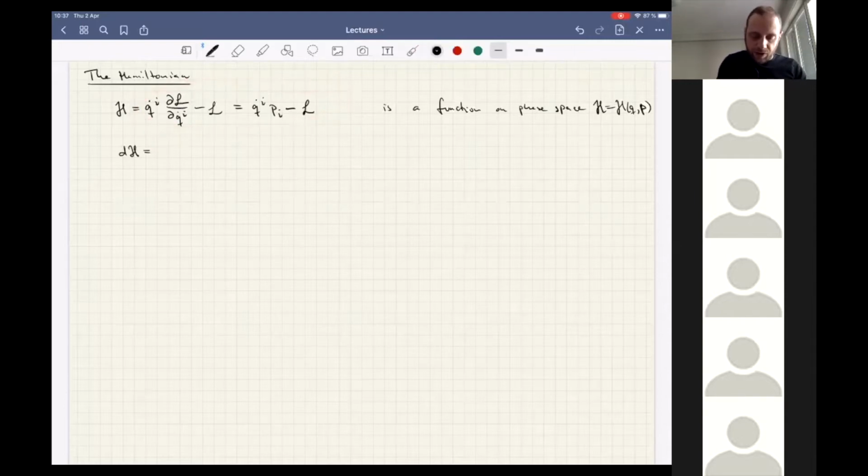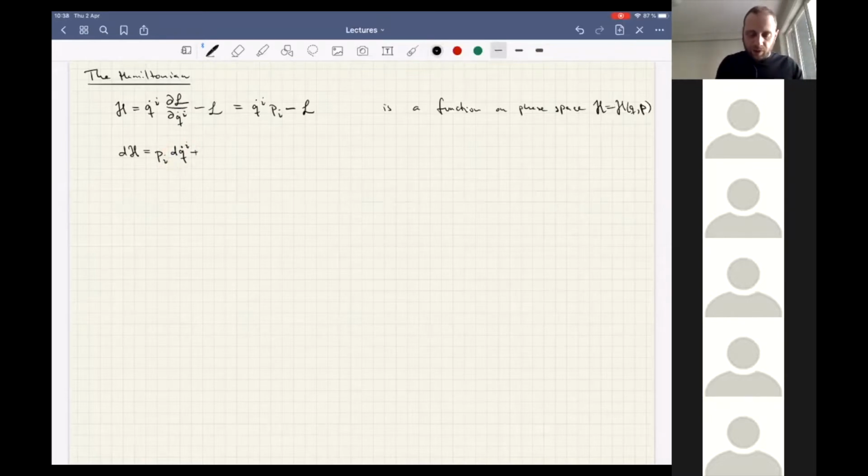I'm just going to use the product rule and the chain rule, essentially. So differentiating the first term here, we get p_i times dq dot i. Now this dq dot i, remember that I'm seeing q dot here as a function of p and q, but I'm going to keep this dq dot because it's going to turn out that this particular term is going to cancel with another term in the end.